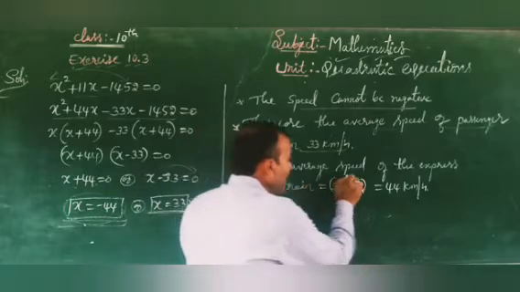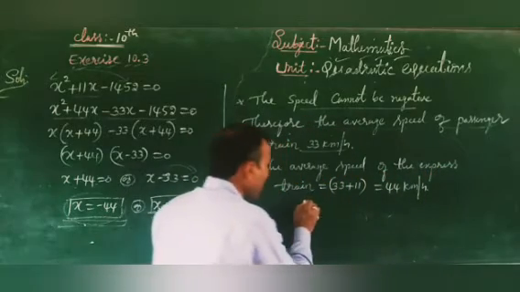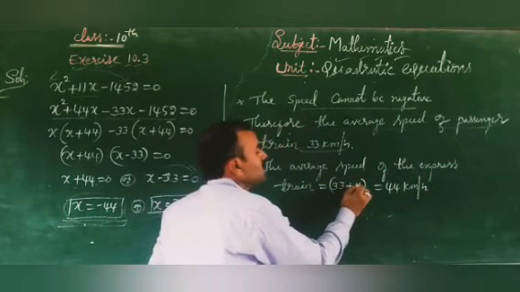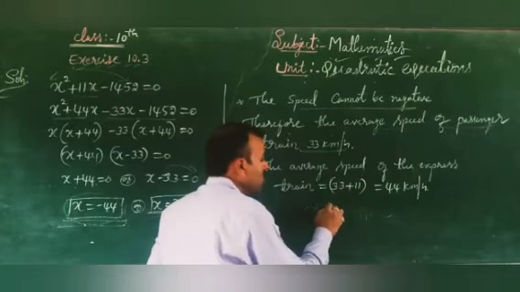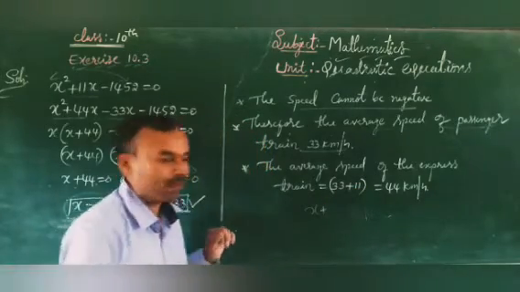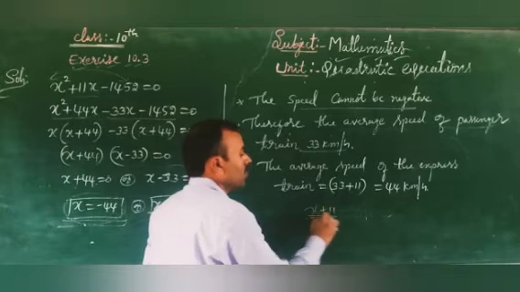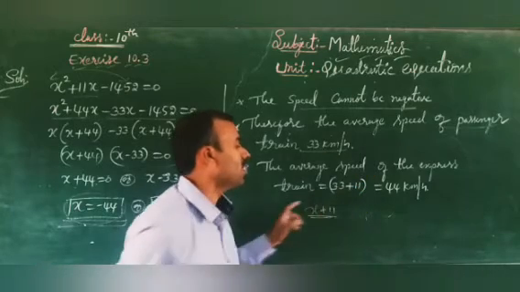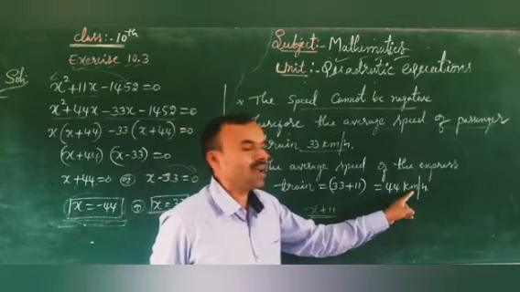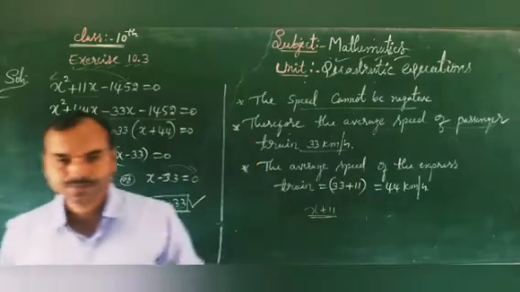The average speed of the express train equals 33 plus 11, because in the initial step we took x plus 11. So 33 plus 11 is 44 km per hour.